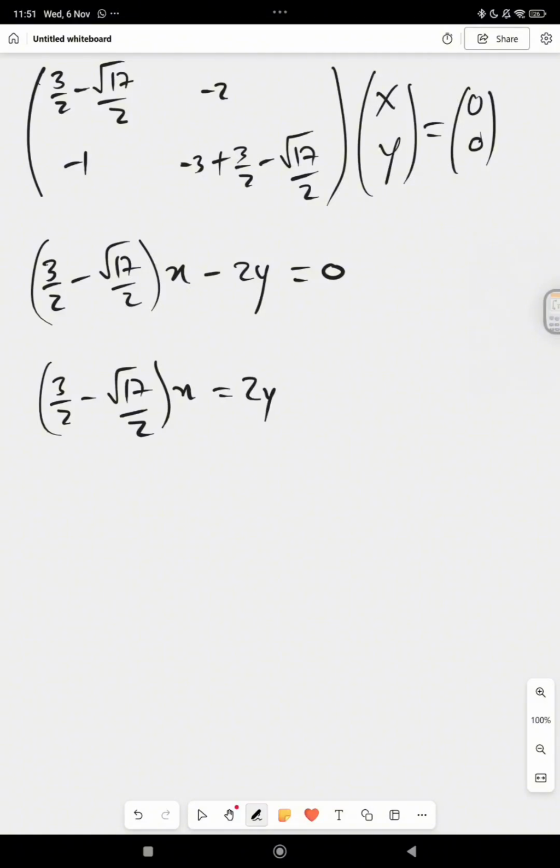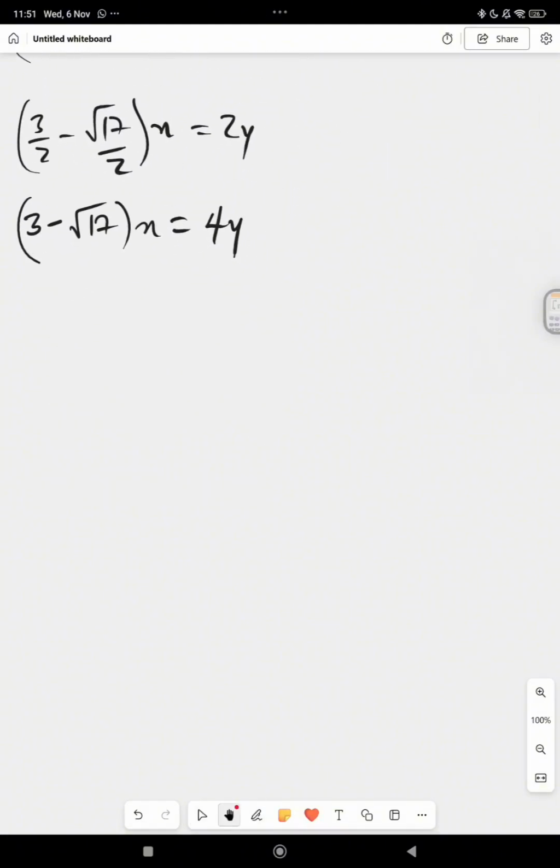Multiplying both sides by 2, we'll have 3 minus the square root of 17 multiplying x gives us 4y. So again, our y divided by x is going to be 3 minus square root of 17 over 4.